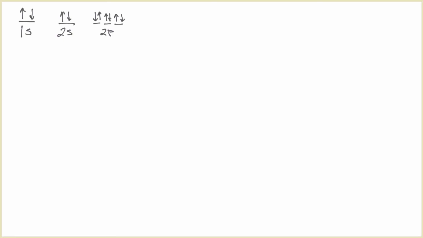After 2p comes what? 3s. How many lines to represent orbitals? 1. How many electrons? 2. Everybody all right? After 3s comes what? 3p.